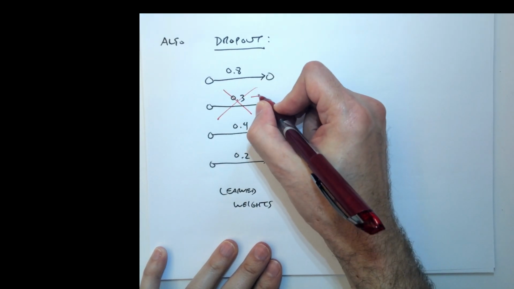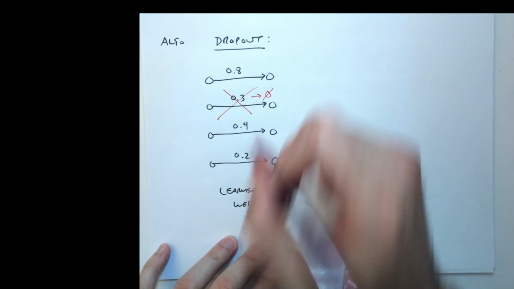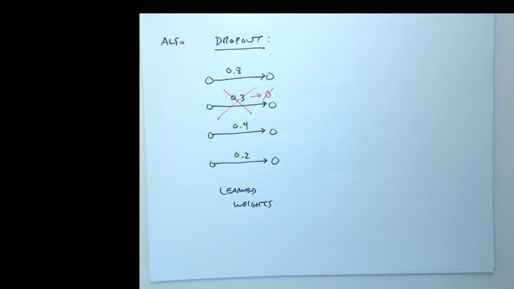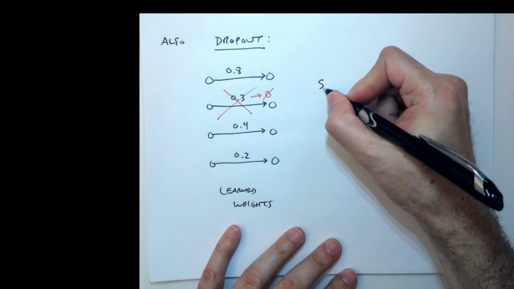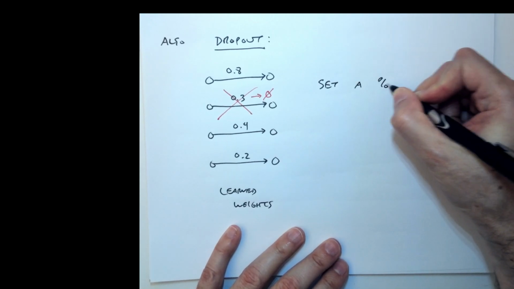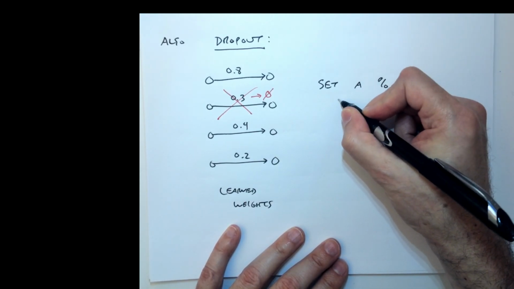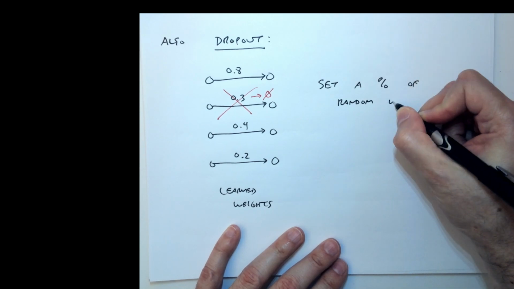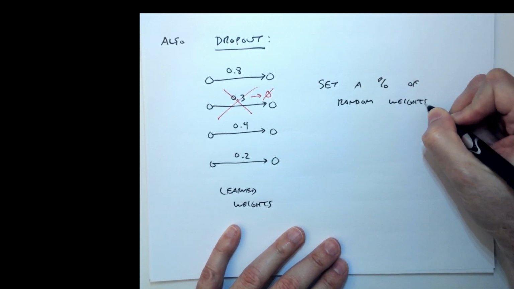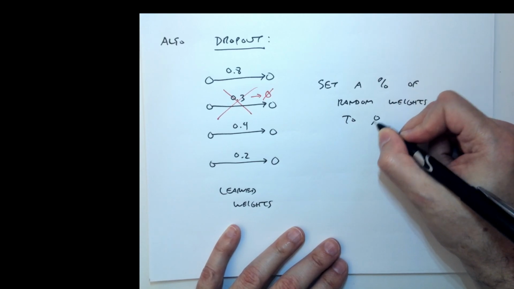It's like saying, actually, I'm going to zero out this weight entirely. So at every layer, it sets a random percentage of weights to 0.